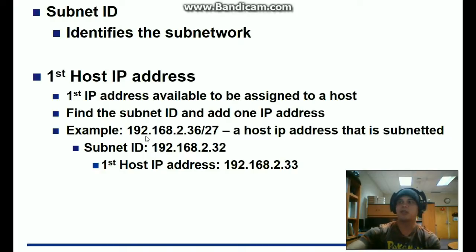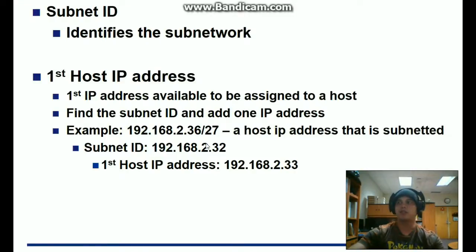So here's an example. If we were given the address 192.168.2.36/27, this is a host IP address that has been subnetted because this is a Class C, and this /27 means that we've gone beyond the classful boundary and borrowed host bits to turn them into subnetworking bits.